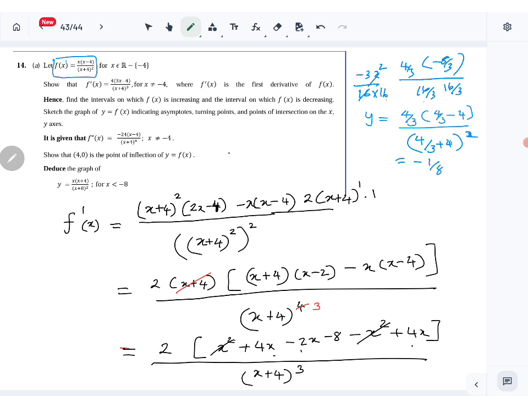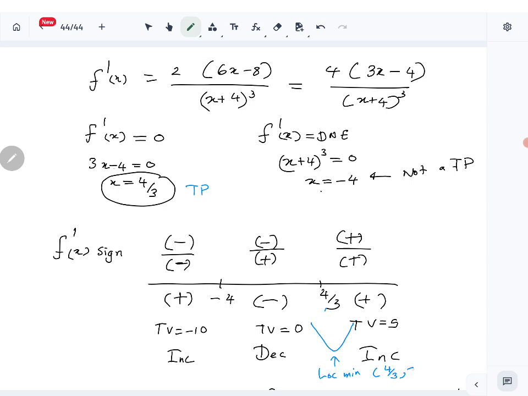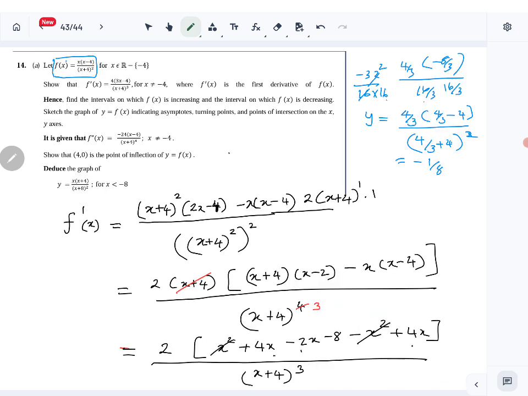So the y value is minus 1 over 8. So that's our local minimum point, right? So that is done. So let's finish the increasing decreasing intervals. Increasing intervals, there are 2. Let's write them.